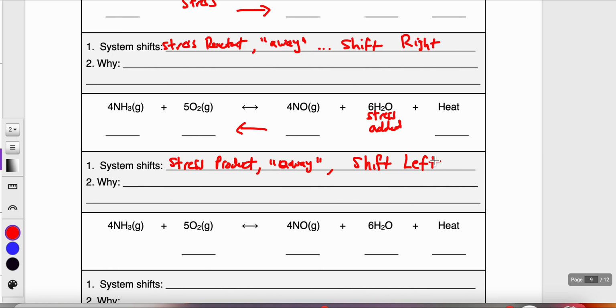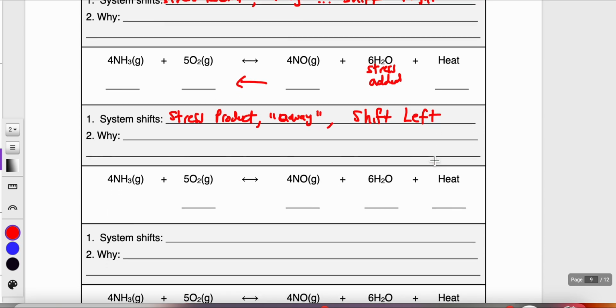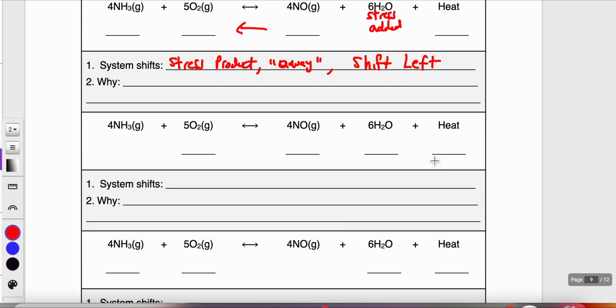Let's take a look at another example. So this time I see that NH3 is going to be the stress, and NH3 was removed from the system. So here we go.